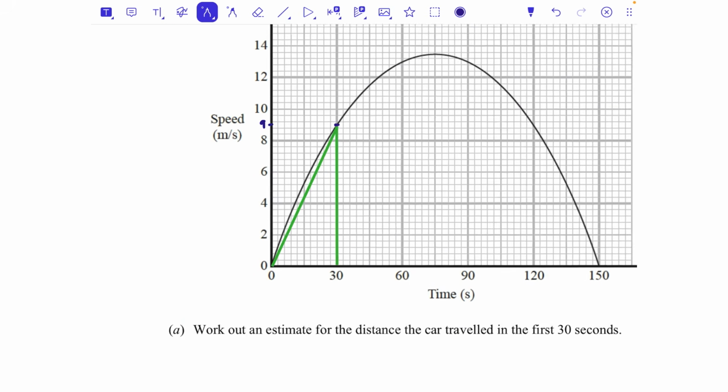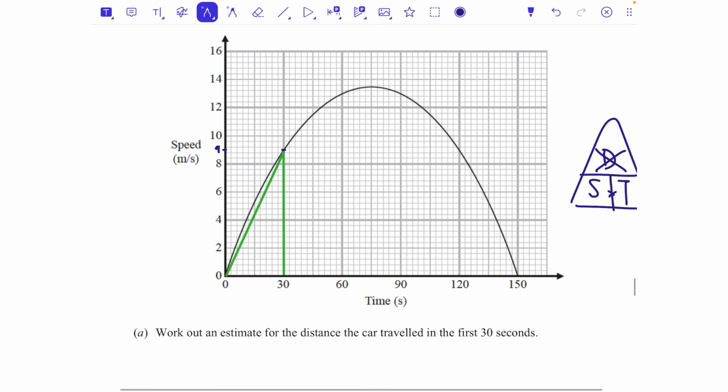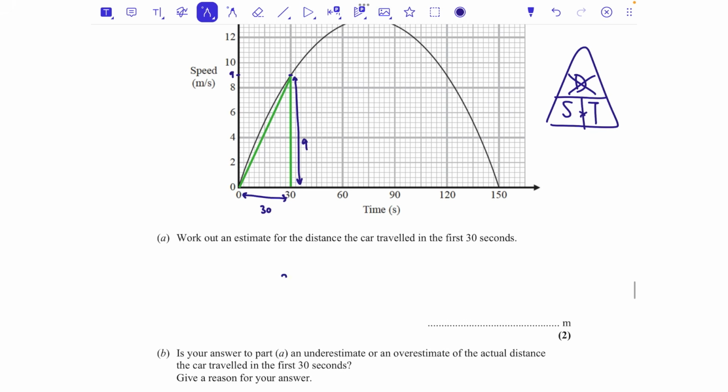So remember, for the area of a triangle, we're doing base times height divided by 2. Your base is 30, your height is 9. So base times height divided by 2 is 30 times 9, divided by 2 because it's a triangle, so that's 270 divided by 2, which is 135.